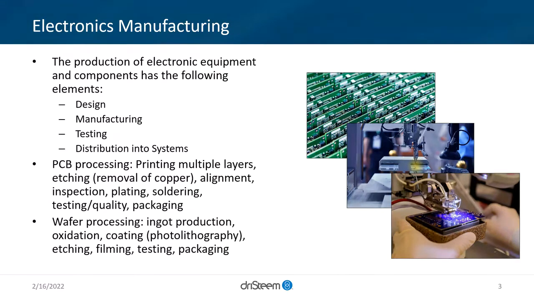So really there are multiple different processes as it relates to electronics. I picked a couple just to define, there are many steps: PCB or printed circuit board processing, or wafer processing, or even surface mount technologies, SMT.